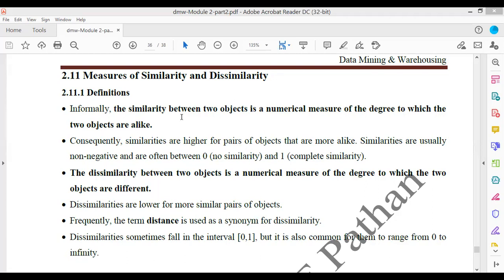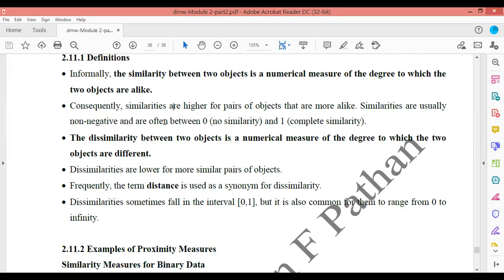And I told you that the numerical value of this similarity lies between 0 and 1. If it is 0, the two objects are not similar. If it is 1, they are completely similar. So the value of similarity lies in this range, 0 to 1. In the same way, the dissimilarity of two objects is also measured with the help of a numerical measure.